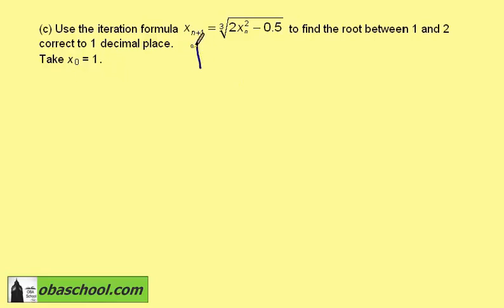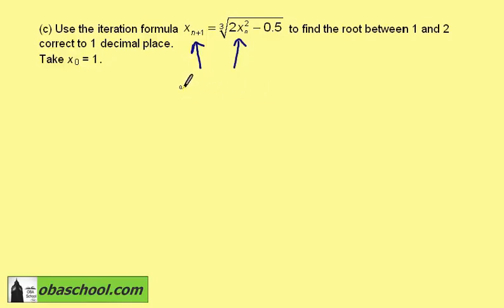Let's look in more detail at the formula. xn plus 1 is the x that comes after xn. We know that n plus 1 is the next integer after the integer n. It follows that xn plus 1 is the next value of x after xn.